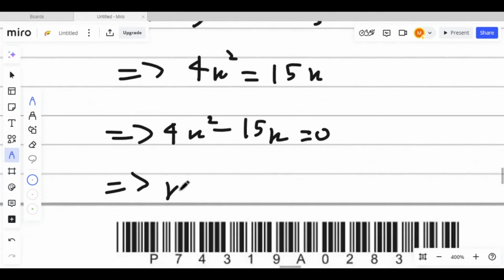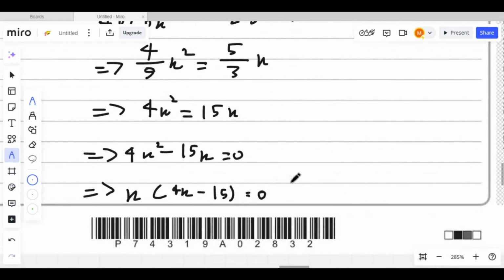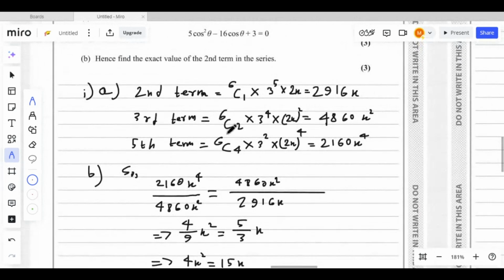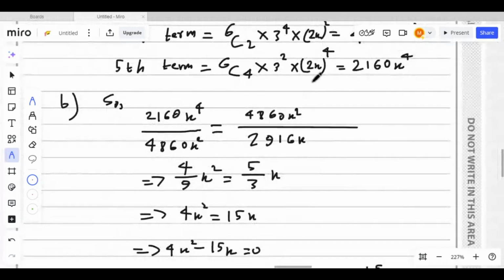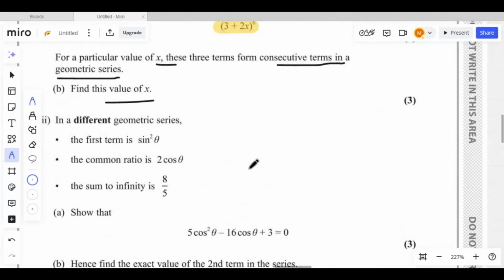Now you can take x common: x(4x minus 15) equals 0. So either x is 0, which is not acceptable, because if x is 0 then no sequence exists. So you'll get x equals 15 over 4. So the value for x is 15 over 4.